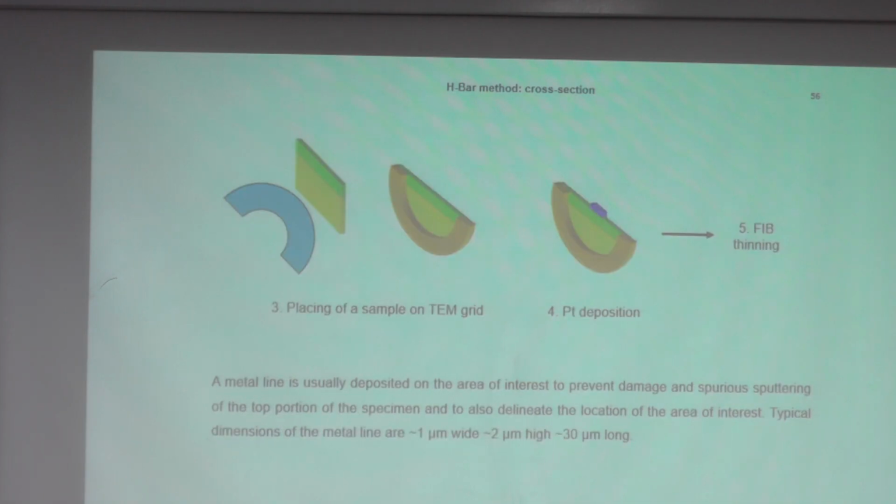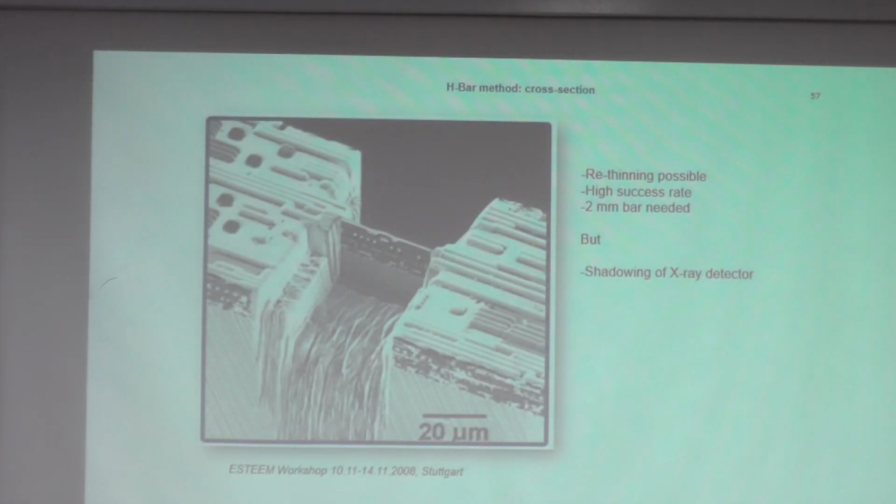Then you attach this very thin slice to a half grid, a special half grid. And then you deposit a flattened protective layer on top of this, and then you can process the thinning in the FIB system. So how does the specimen look after this preparation?